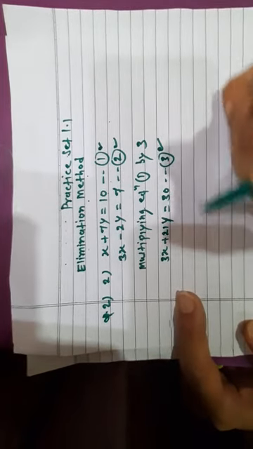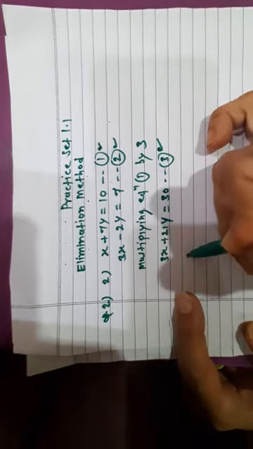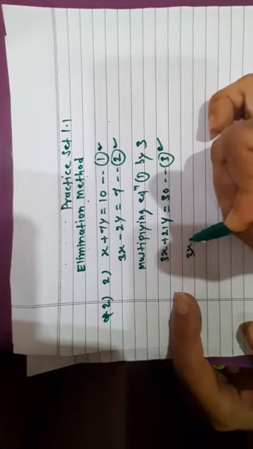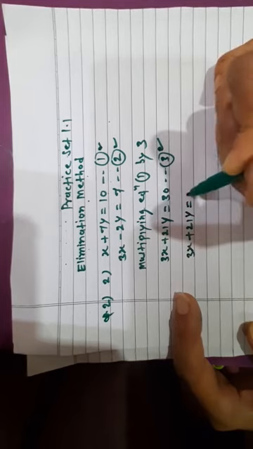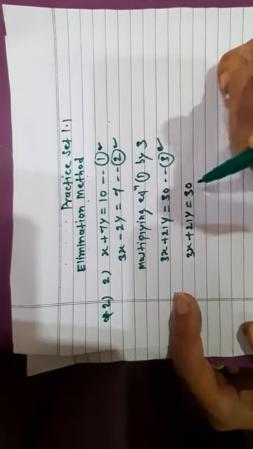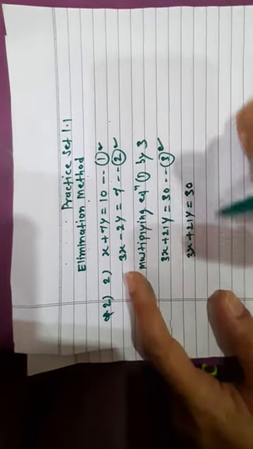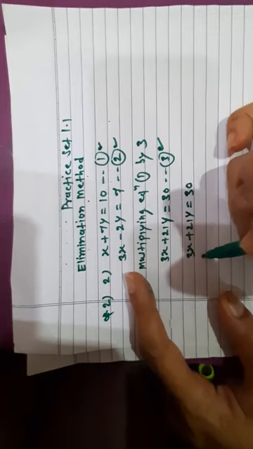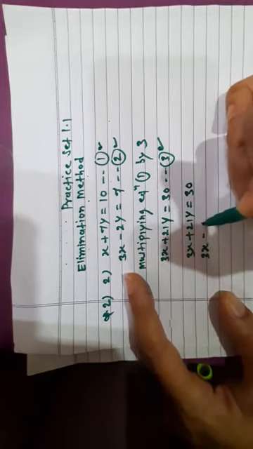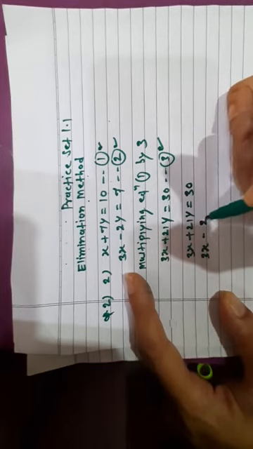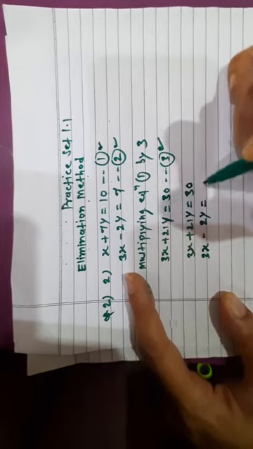So we write equation 3 first, which is 3x plus 21y is equal to 30. And then we write equation 2 below it as 3x minus 2y is equal to 7.